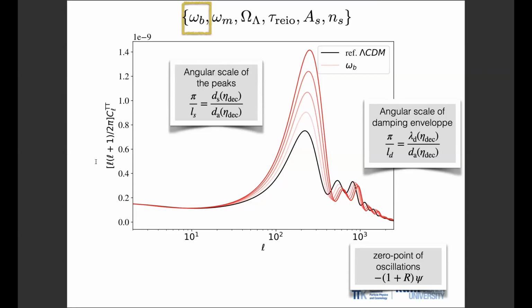at decoupling. If I have a model in which the sound horizon is shifted, then the wavelengths which imprint my mode will be shifted, and these wavelengths will be seen under a bigger or a smaller angle.